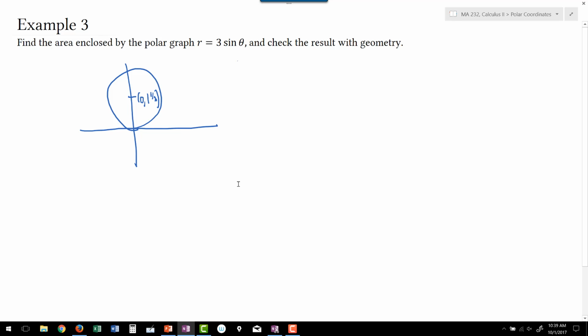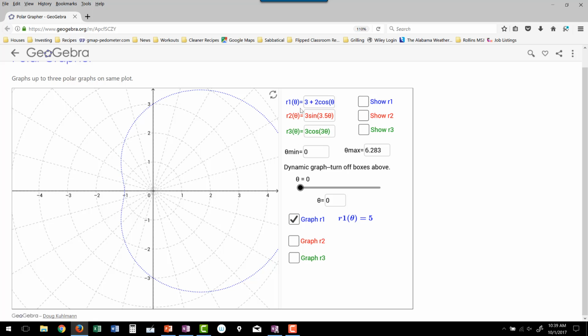We can verify that by taking a look at our polar grapher, where instead of 3 plus 2 cosine theta, I'm going to want 3 times sine theta. Okay, so the blue dotted figure is the outline of our graph. And now we're going to need limits on our integral representing the starting point, which should be theta equals 0, and then the ending point that traces out the graph.